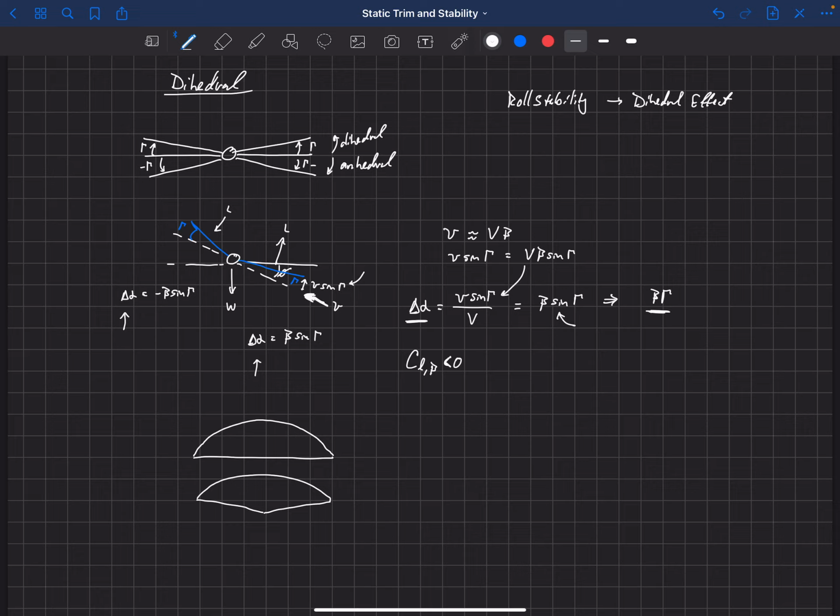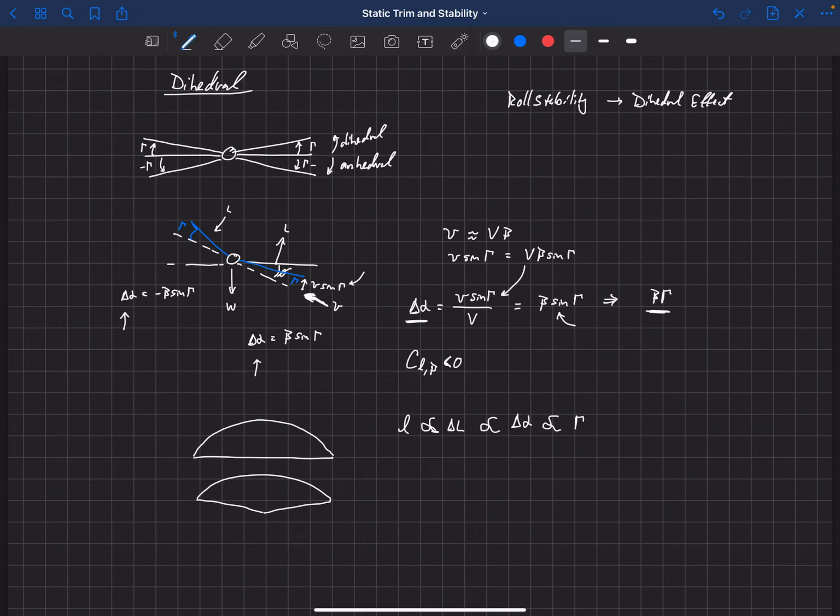Okay, and we know that the lift is, so let me just write this out. So delta alpha is basically proportional to gamma, and we know that our delta lift on each side is proportional to our change in alpha, and we also can say that our rolling moment is basically proportional to the delta lift.